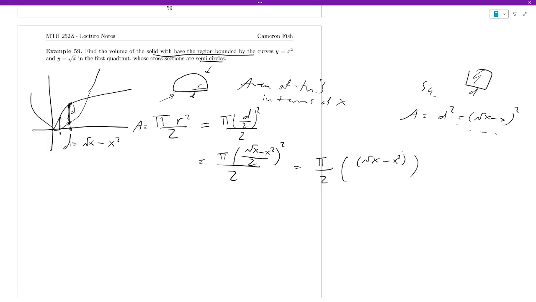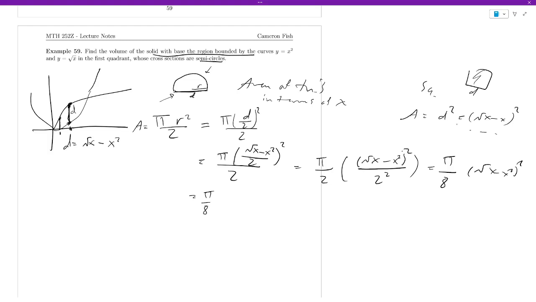So I keep the top, square it, and have the bottom also get squared. Let's keep going. I have 2 squared on the bottom, which is 4. It's on the bottom, so I can bring that 4 in to be multiplied on the 2. And then this is still here.